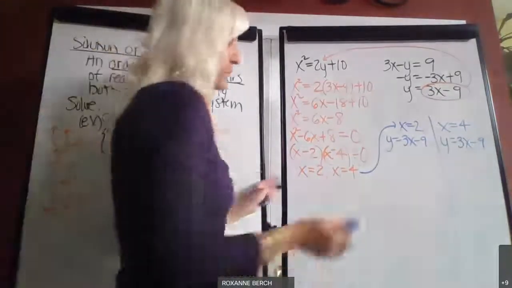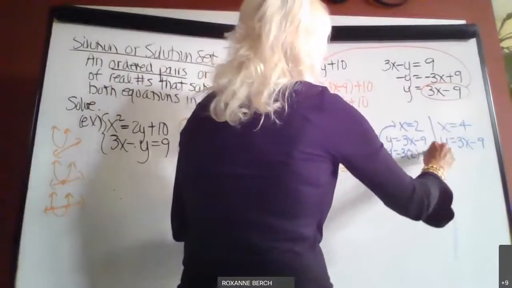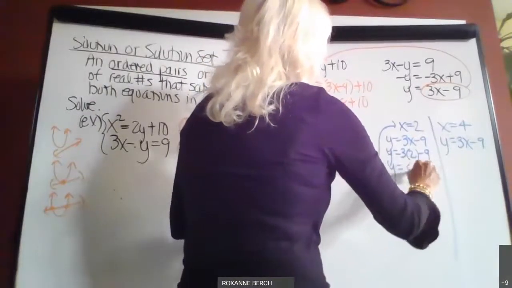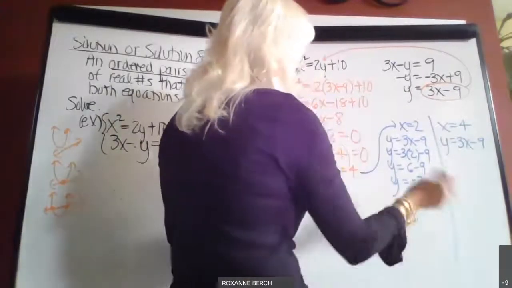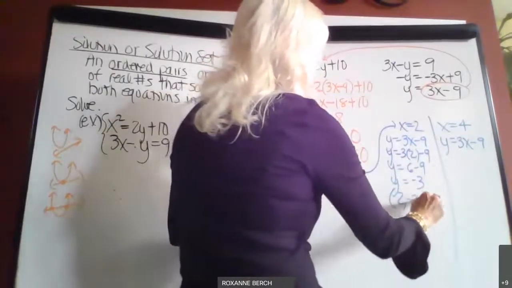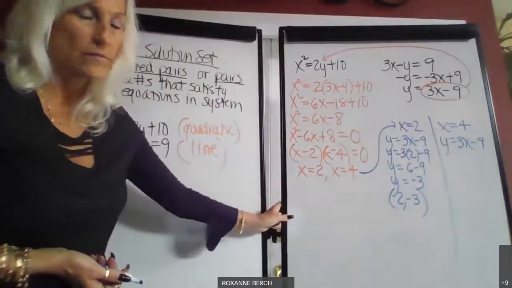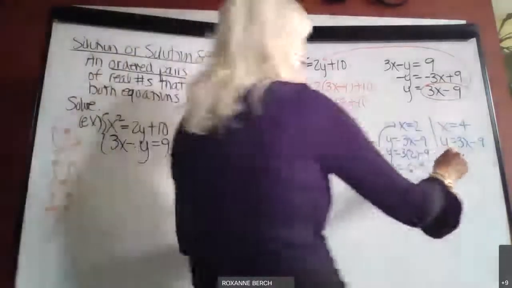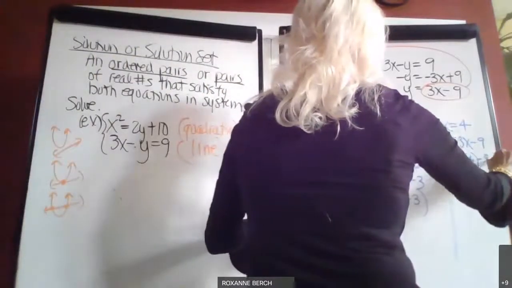So here we go. Put a 2 in. So you have y is equal to 6 minus 9, so y is equal to negative 3. So your ordered pair is right 2, down 3. That's one solution. And put a 4 in.